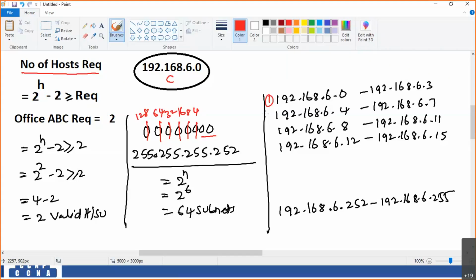I think the audio is disconnected. Everybody is there? Yeah, Madhu, we are there. I think there is a problem with the volume. Oh, okay.